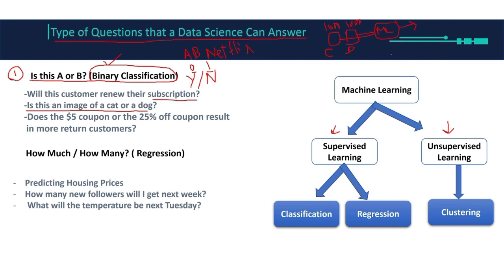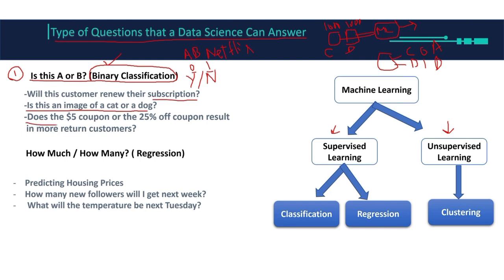Then I'm going to give it a new image, and I want the algorithm to tell me if this is a cat or a dog, 0 or 1, A or B. So this is another example of binary classification.